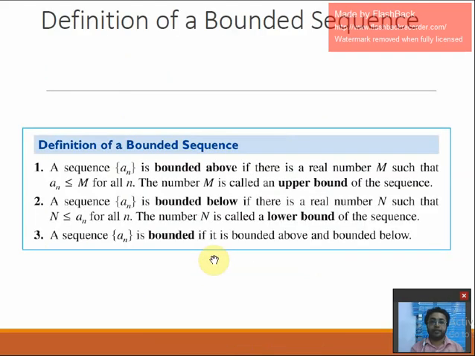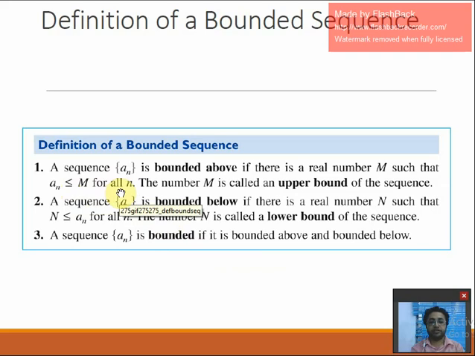Next, bounded sequence. A sequence a_n is called bounded above if there exists a real number M such that a_n is less than or equal to M for all n.